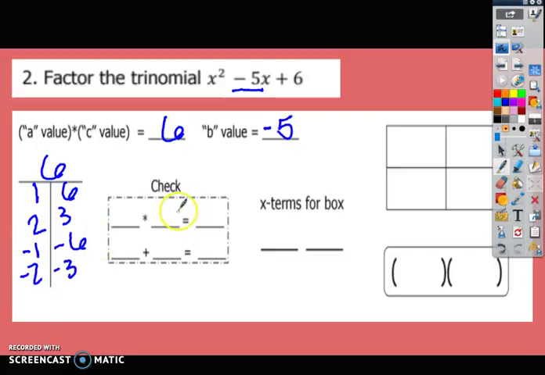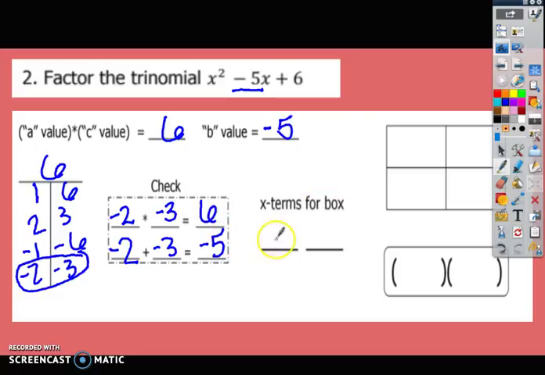Which of those add to negative 5? So that's going to use negative 2 times negative 3 will give me 6. Negative 2 plus negative 3 will give me negative 5.